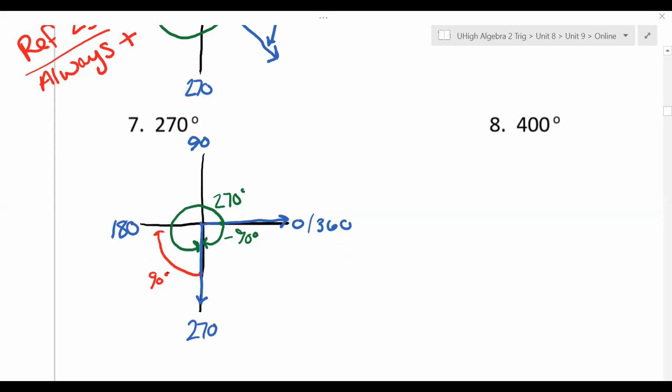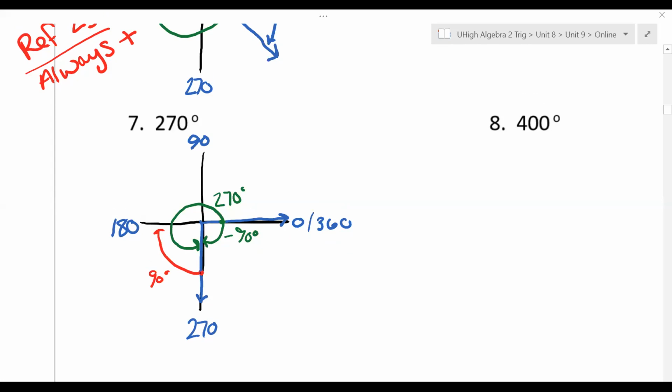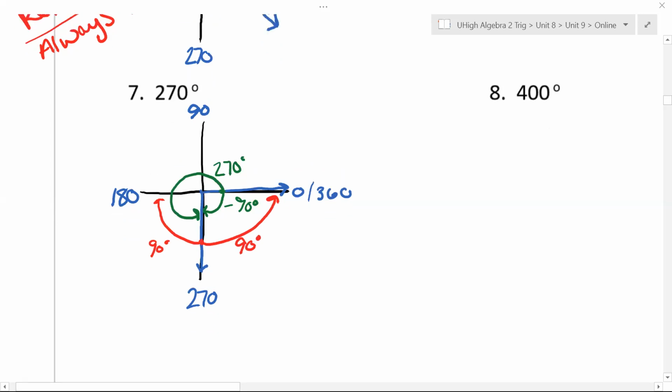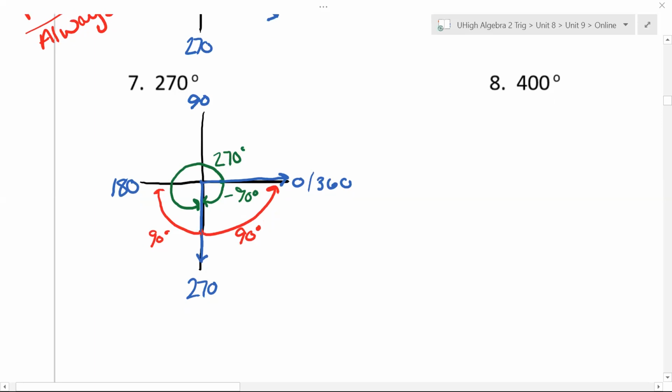So going clockwise didn't get me an acute angle. So if I try counterclockwise, that's still going to give me 90 degrees. That's still not an acute angle. So here, we're going to really say that we don't have a true reference angle.